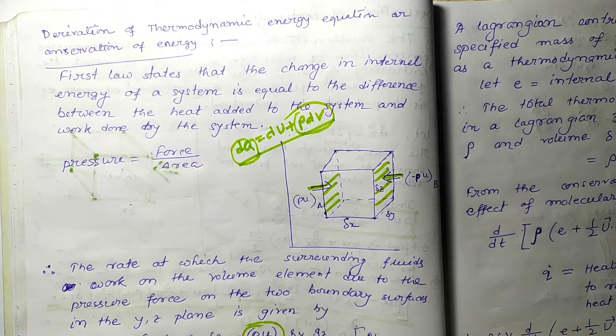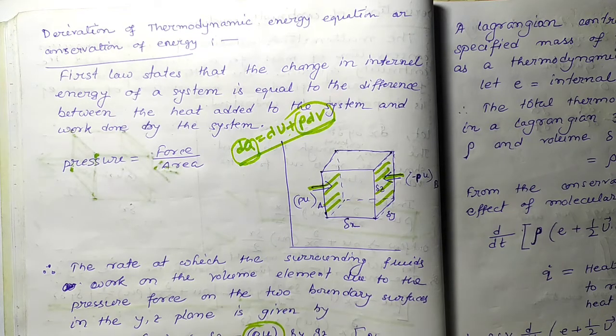For such a system, the first law states that the change in internal energy of the system is equal to the difference between the heat added to the system and the work done by the system. A Lagrangian control volume consisting of a specific mass of fluid may be regarded as a thermodynamic system. That's why in this derivation I'll use the Lagrangian formulation.